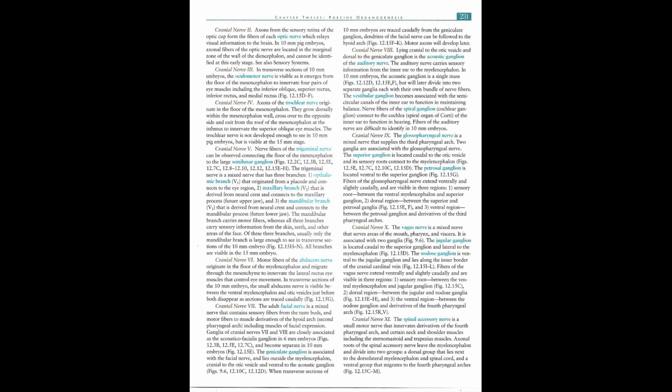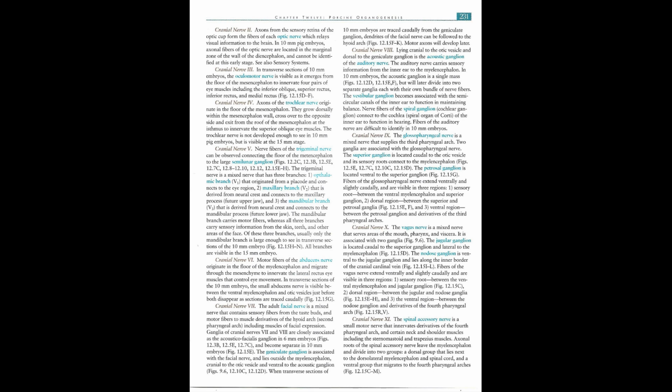The trochlear nerve is not developed enough to see in 10 mm pig embryos, but is visible at the 15 mm stage. Cranial nerve V. Nerve fibers of the trigeminal nerve can be observed connecting the floor of the metencephalon to the large semilunar ganglion, Figs 12.2c, 12.3b, 12.5e, 12.7c, 12.8 to 12.10, 12.12, 12.15.